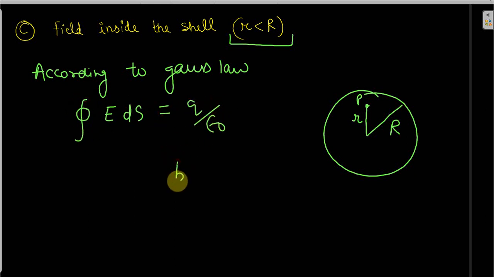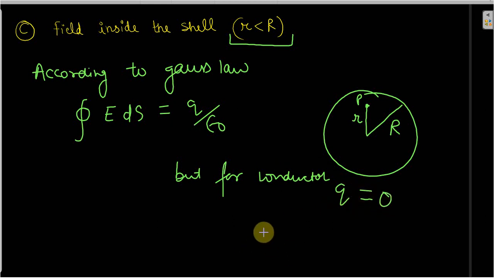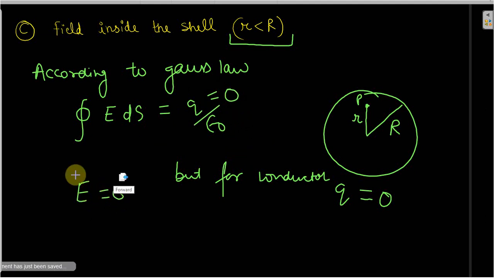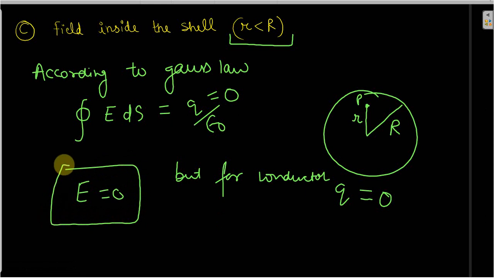But for a conductor, Q is 0 inside the conductor. So if Q is 0, your electric field will be equal to 0. So it means inside the conductor there is no electric field.